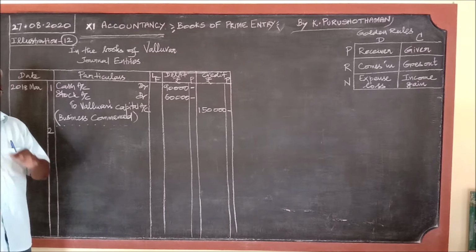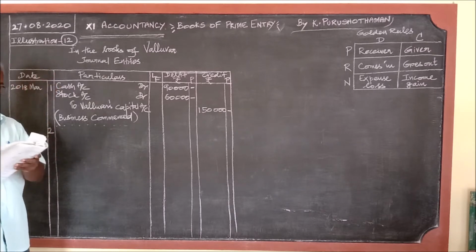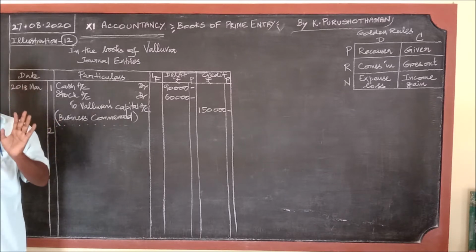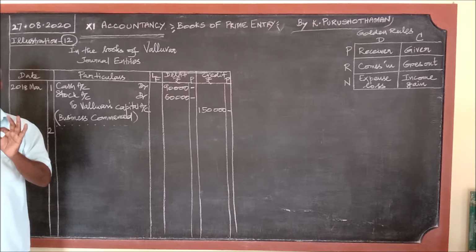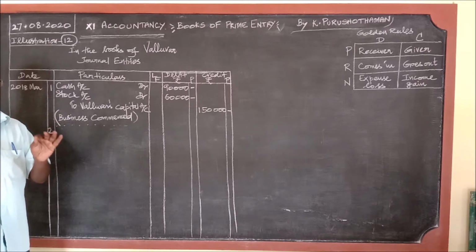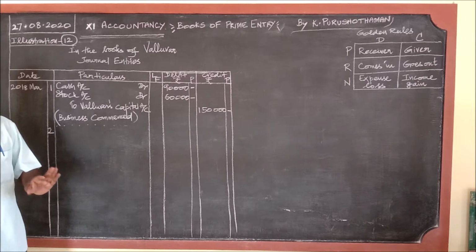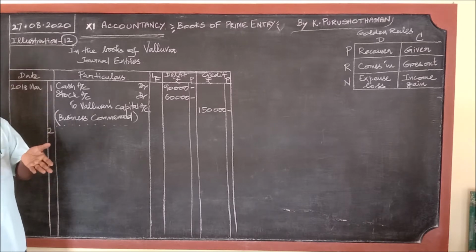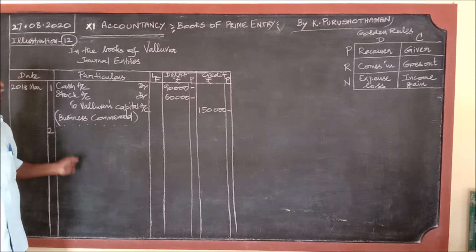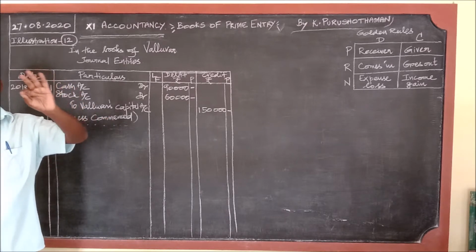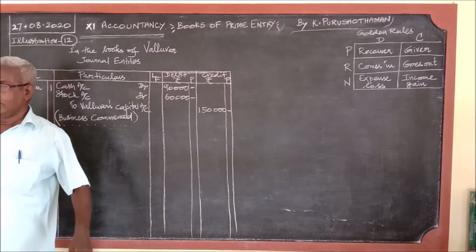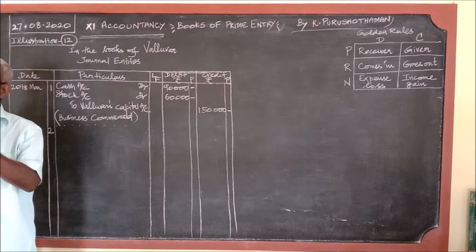But, what is given at the top? You see, Valluvar is a sole trader dealing in textiles. Valluvar is a person who is running the textile shop, and therefore all the textile materials in this problem are goods. You should treat them as goods. What is the definition of goods?